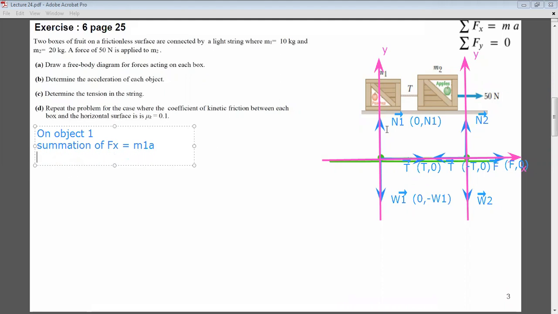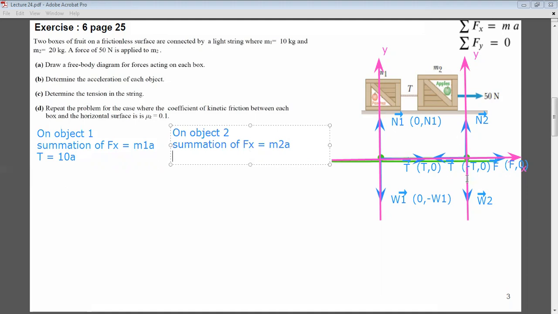Summation of Fx: N1 gives 0, W1x gives 0, so I only have T. This is equal to m1, which is given as 10, times acceleration. Okay, so this is on object 1. Then I do the same on object 2. On object 2, I use summation of Fx equals m2a this time.